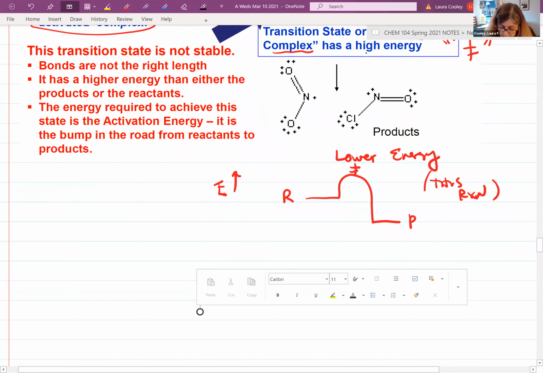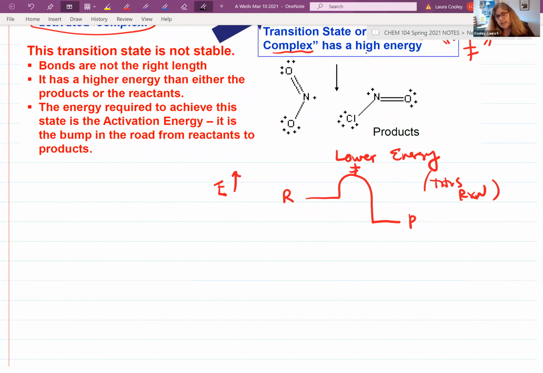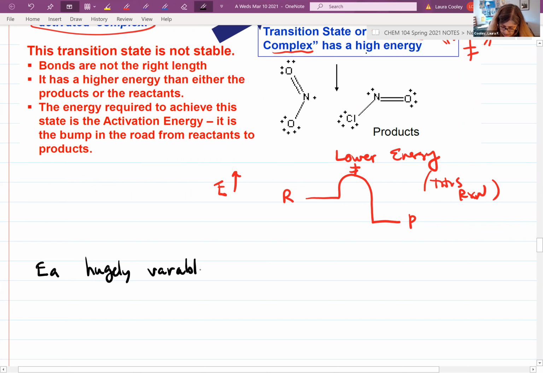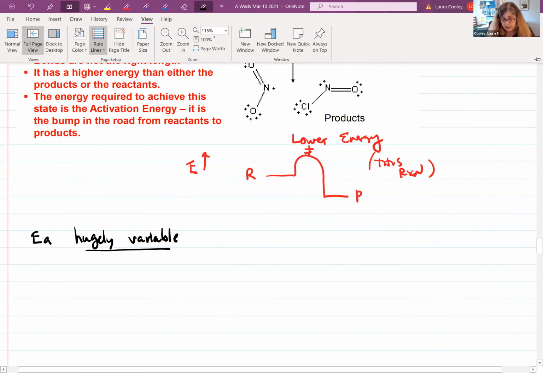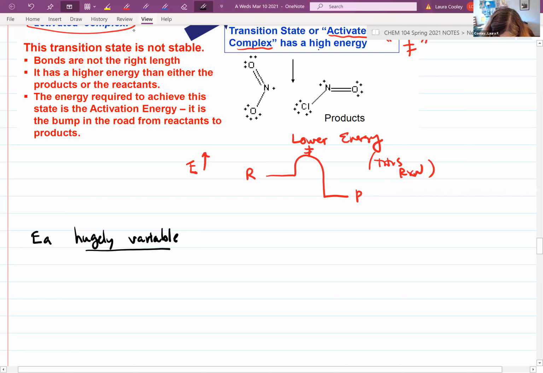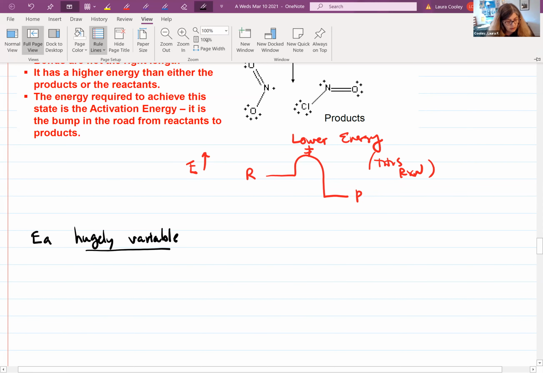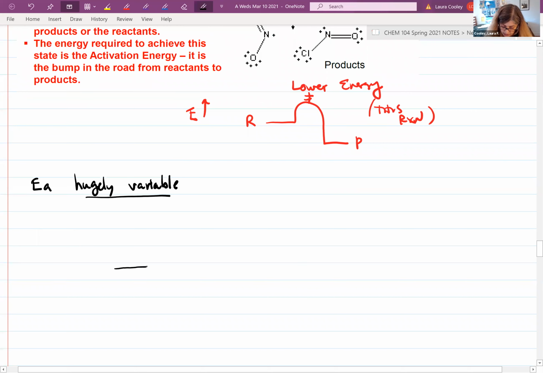So the thing is that the activation energy is also hugely variable. And that means that that exponential factor can vary a lot as well. Okay, let me just, hold on. All right, good. So you can have a situation maybe where you have a tiny little activation energy, maybe 5 kilojoules per mole, or you can have 10 times that.